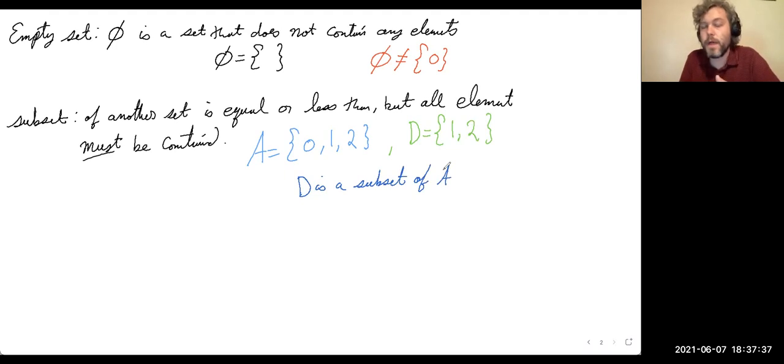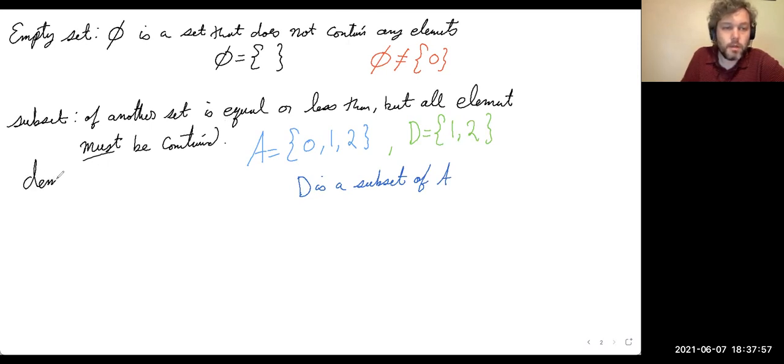Well, how do I know that? Because all of the elements contained in D are also contained in A, okay? We have a notation for this. We have a notation for subset.